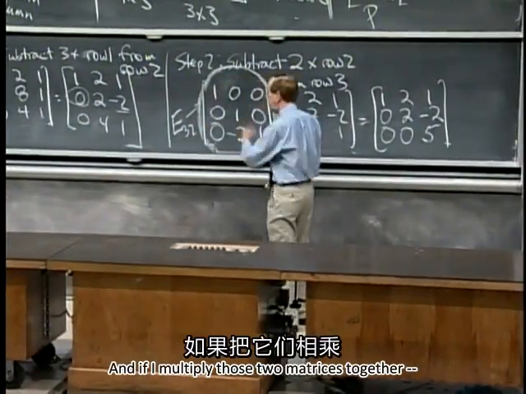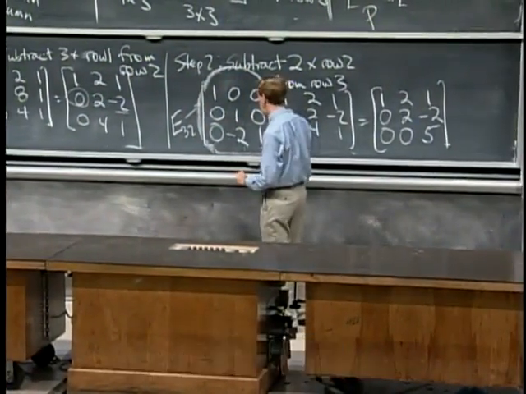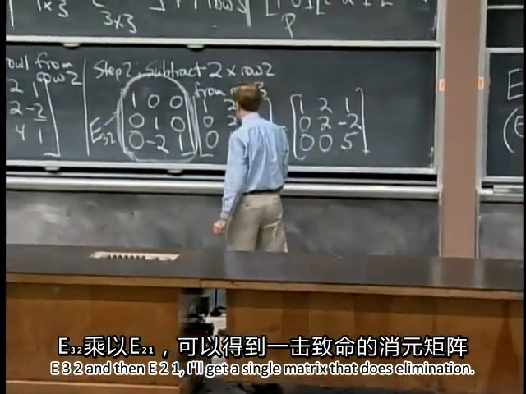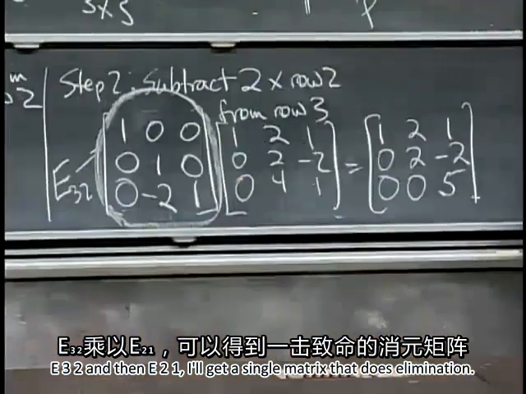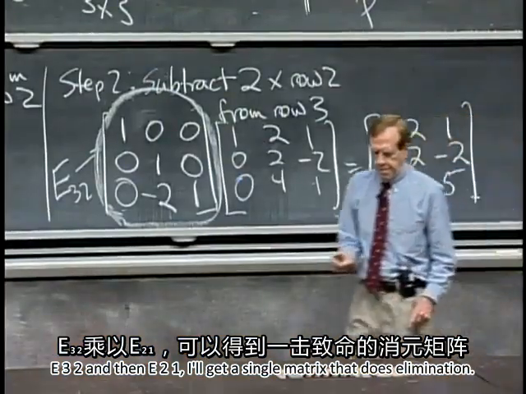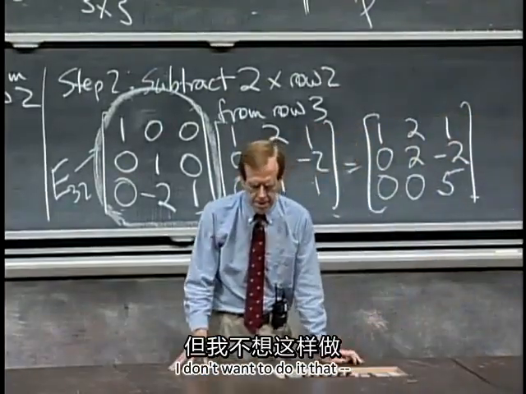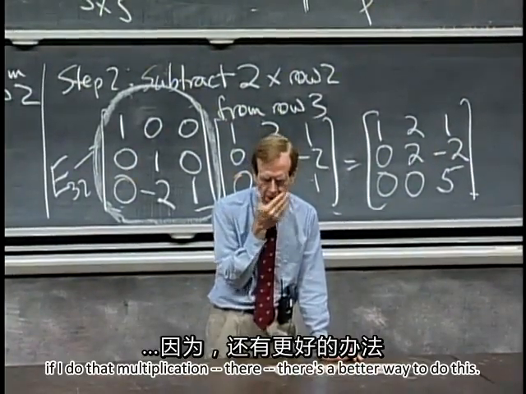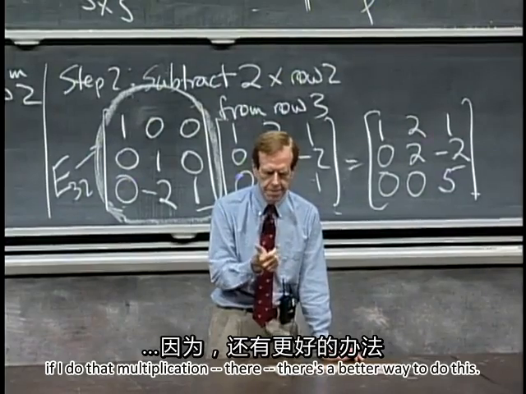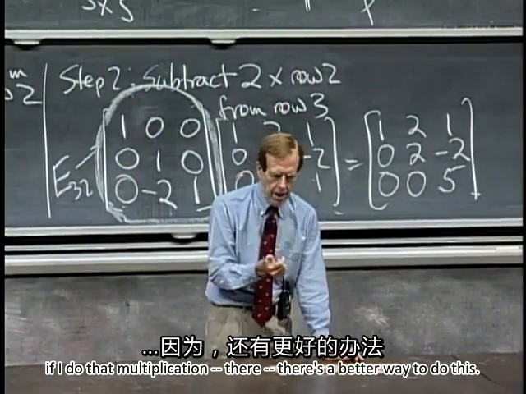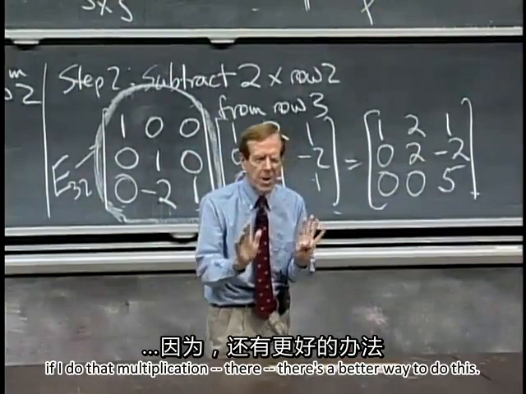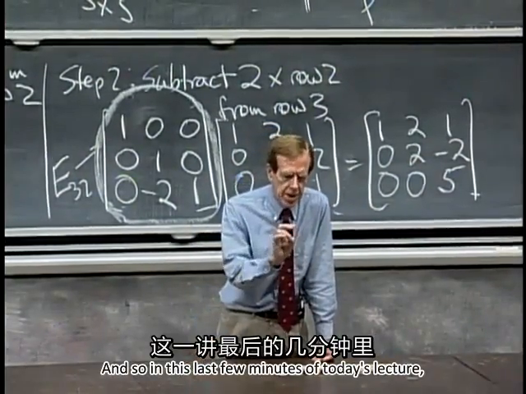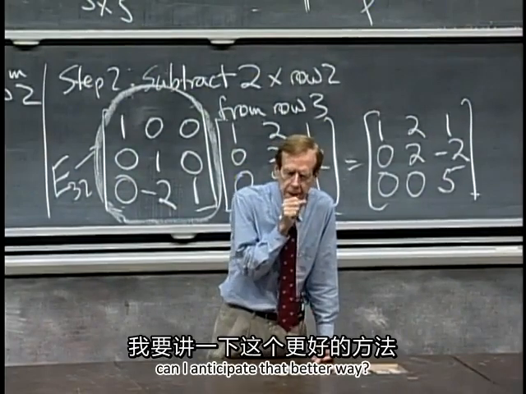And if I multiply those matrices together, E32 and then E21, I'll get a single matrix that does elimination. I don't want to do it that way. If I do that multiplication, there's a better way to do this. And so in this last few minutes of today's lecture, can I anticipate that better way?